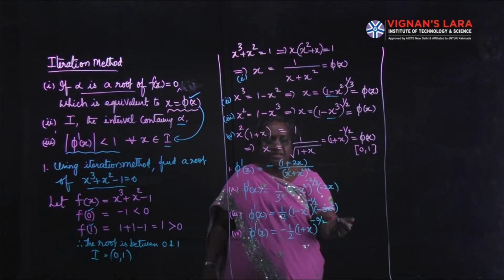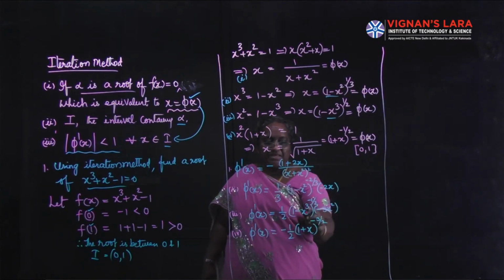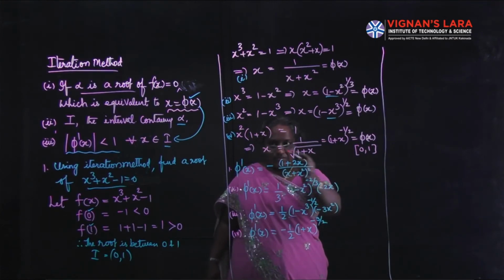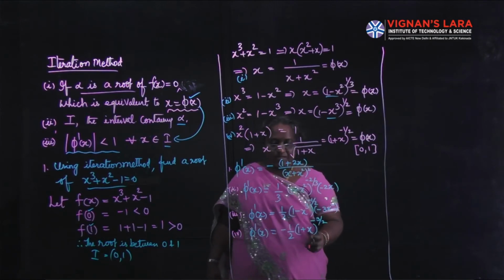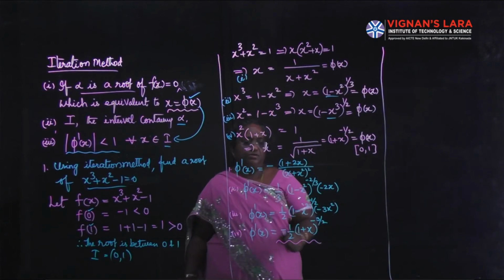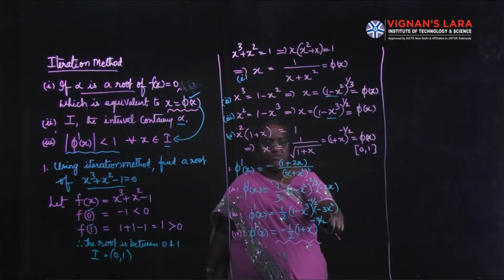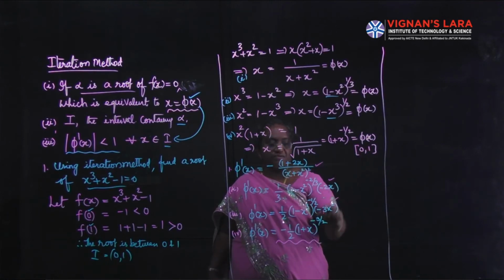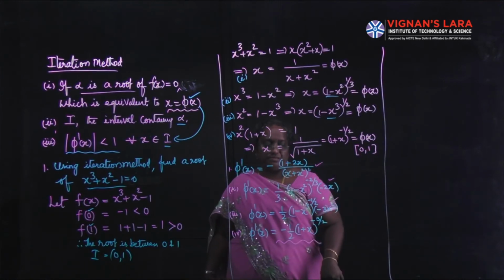If you feed these functions in the Calc and verify, only one function works. Which one? The fourth one, 1 by root of 1 plus x. Only this will give values between 0 and 1. All other functions, for values between 0 and 1, will give values greater than 1.